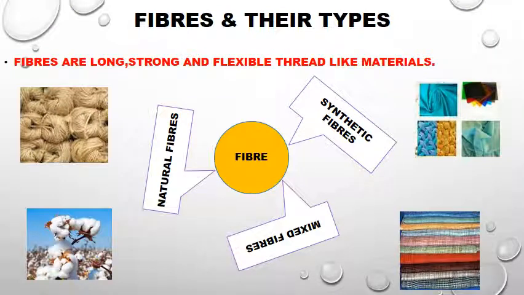So, as I told you, fabrics are made from certain types of fibers. So, what are fibers? Fibers are long, strong, and flexible thread-like materials. There are three types of fibers: natural fibers, synthetic fibers, and mixed fibers.